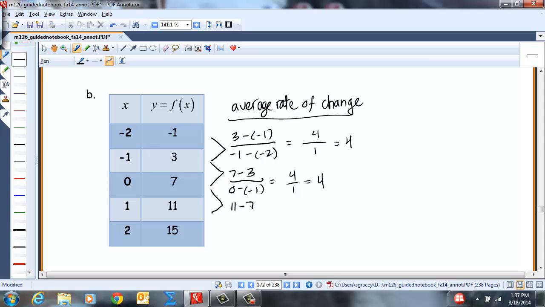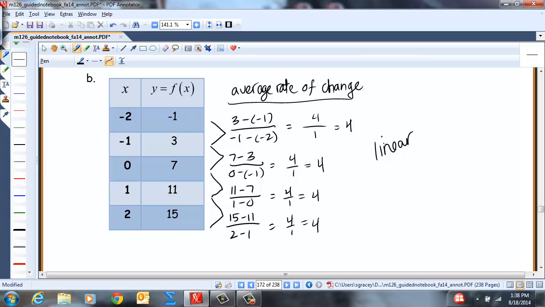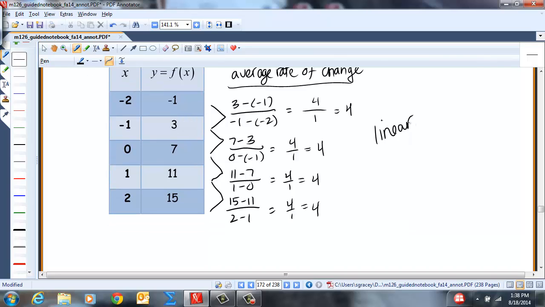So this is 11 minus 7 over 1 minus 0, which is, again, 4 over 1, which is 4. And then, lastly, 15 minus 11 over 2 minus 1 is 4 over 1, which is 4. So this is clearly linear. There's no need to test for the exponential, for the constant ratio. So linear, the slope is equal to 4.